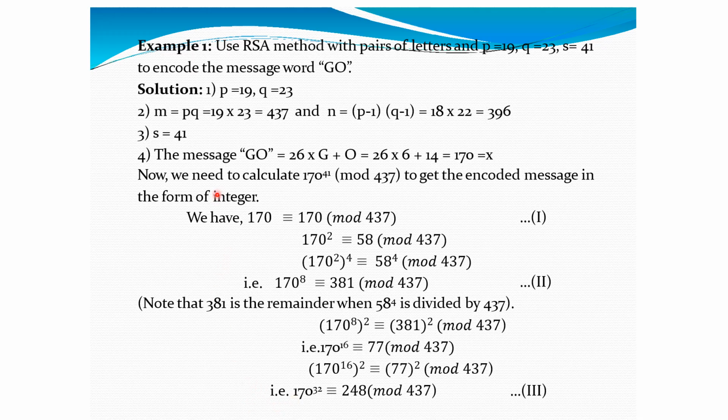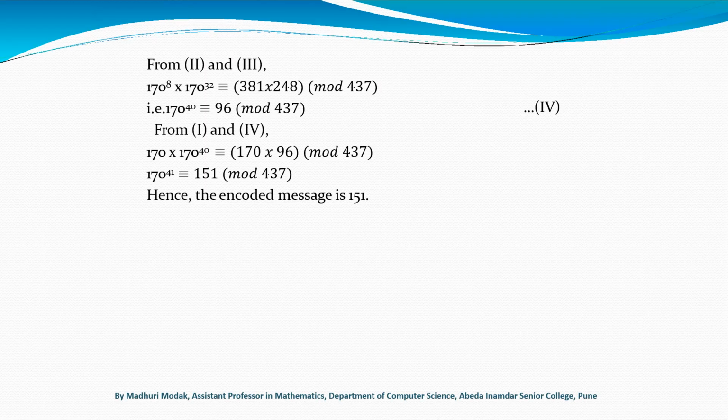But actually we want 170 raised to 41. If I do square, then I will get 170 raised to 64, which exceeds 170 raised to 41. So we use the parts we have done earlier to get the power of 170 raised to 41. So I can multiply 170 raised to 32 into 170 raised to 8 into 170. We use these equations to get the power 170 raised to 41.